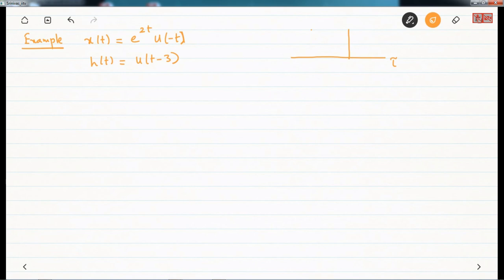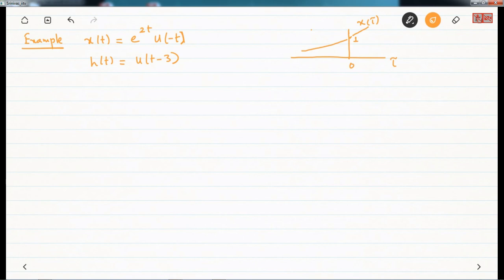Okay, so we are trying to plot x of tau. See, x of t is e power 2t u of minus t. See, e power 2t is something like this. It is 1 at t equal to 0, or e power 2 tau this is. And this is being multiplied with u of minus tau here.